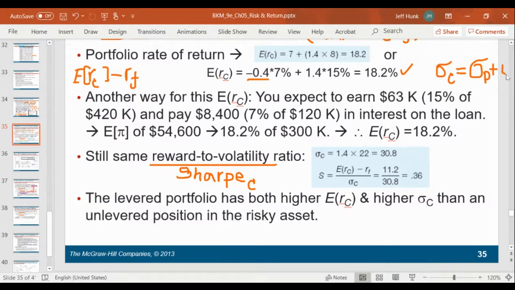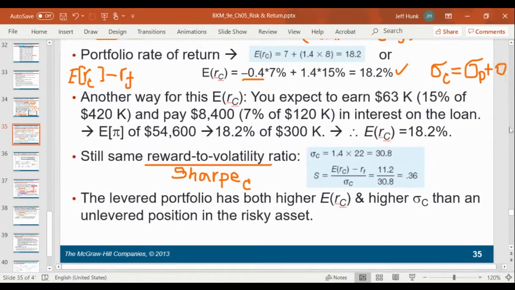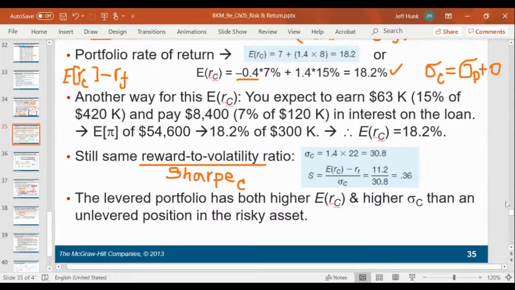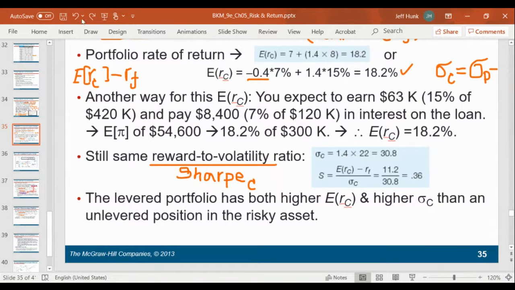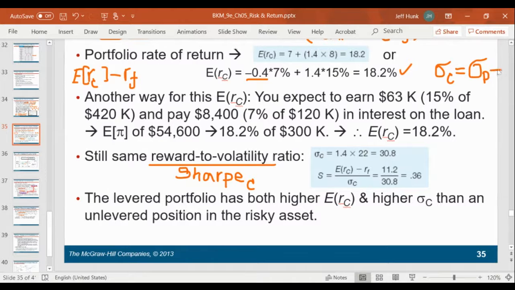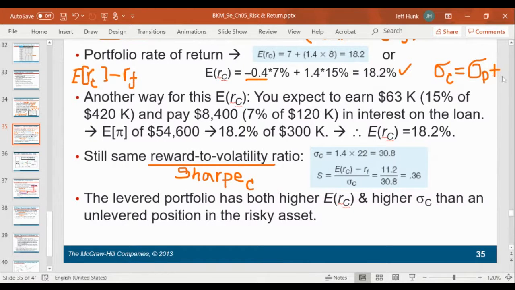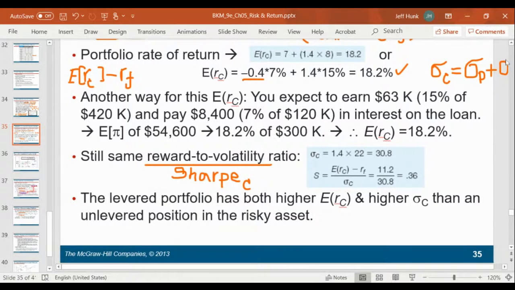Because the risk-free asset has no standard deviation, right?